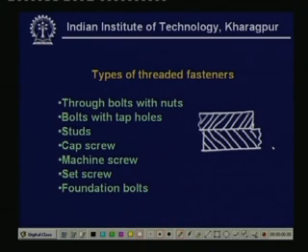Through bolt with nuts, what we do here is we first drill a hole through the two parts and then insert a bolt. So, now a bolt is inserted. There is a head, and here we have the threaded part.